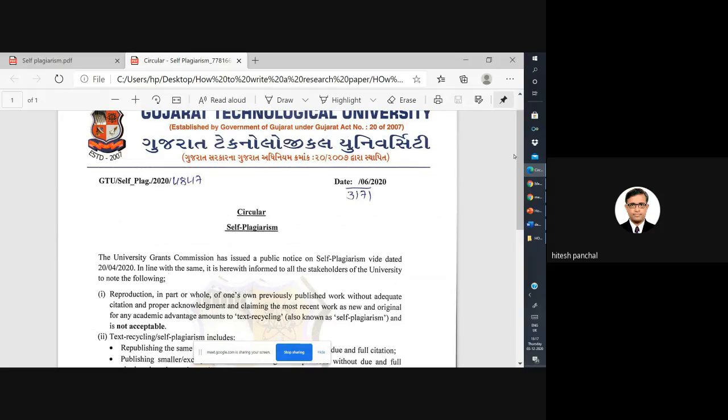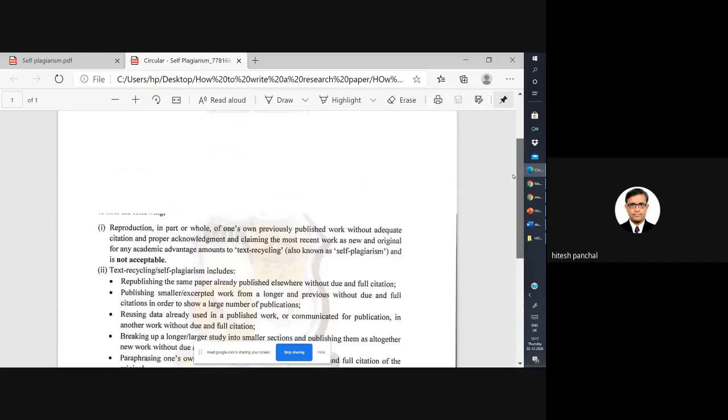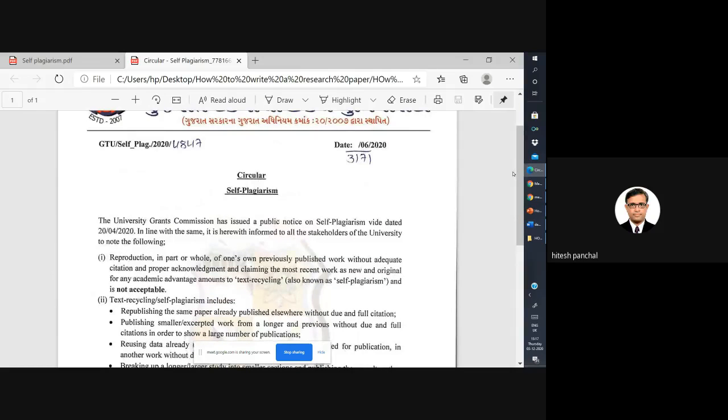So if you are going to publish your thesis in GTU, you should take this into consideration, because Gujarat Technological University comes under the UGC. Generally they always take all the rules and regulations of the UGC. So please mind well, self-plagiarism is also unethical. You should also inform your friends not to use the same text of previously published work in another publication by the same author. That is called self-plagiarism.